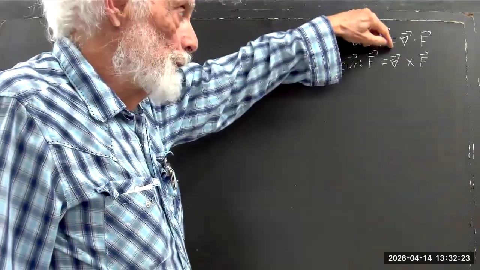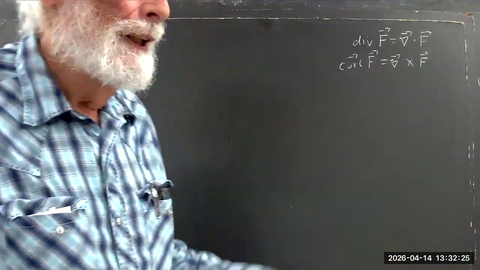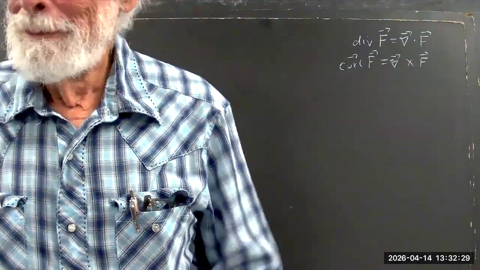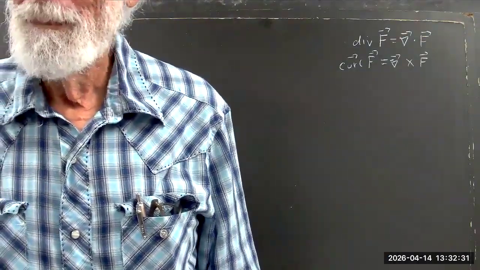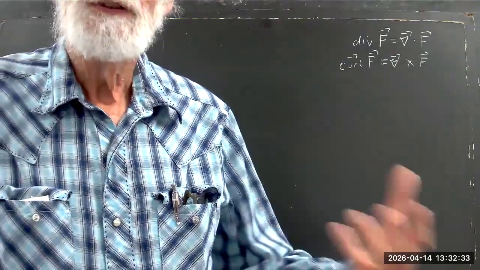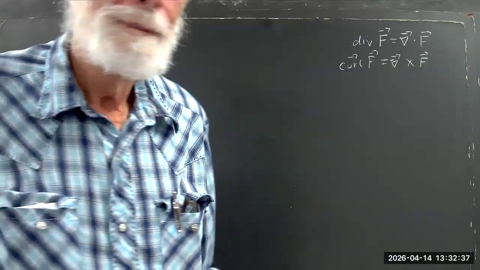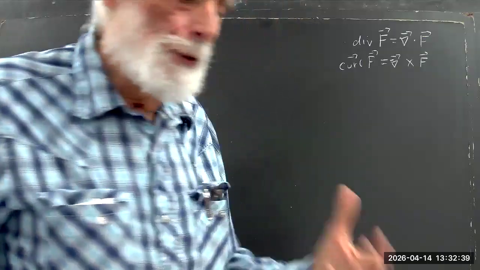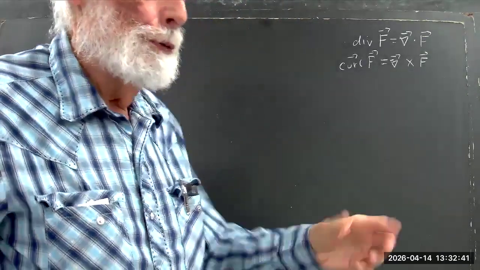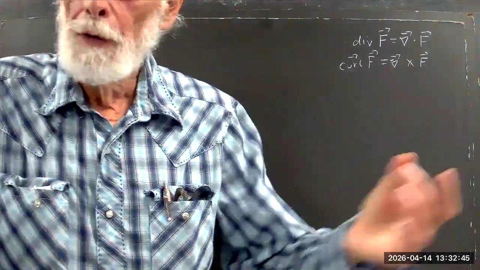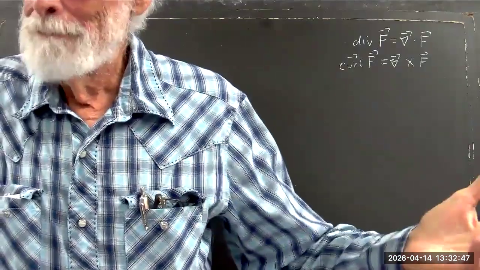Okay, divergence of F, which is del dot F, it's a dot product. It's going to be a scalar quantity, okay? So divergence at any point is just a number. We've seen the example of a radial vector field, where that vector field diverges from the origin.